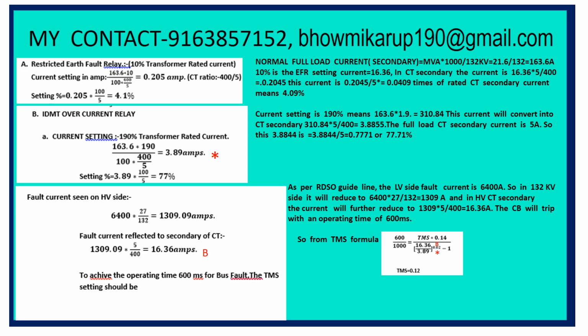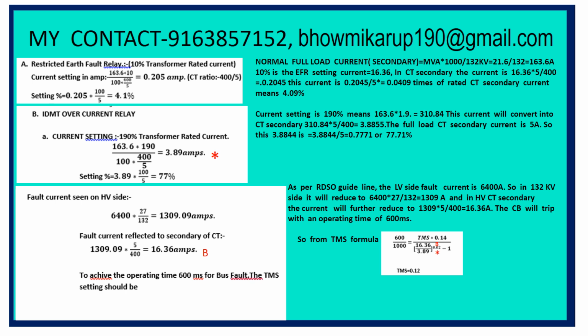Its current is set to 190%. So what is 190% current of 163.6 ampere? This is 310.84 ampere, but it is on the transformer primary side, the 132 kV busbar side.